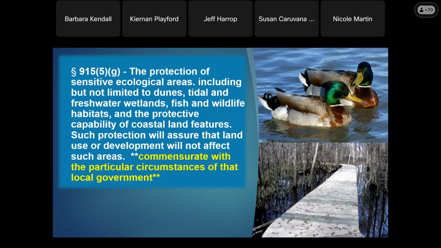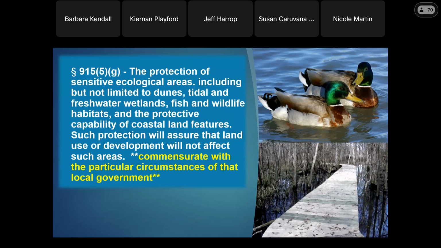So in this section of the legislation, it states that the LWRP should discuss sensitive ecological areas in the waterfront, which includes dunes, wetlands, fish and wildlife habitat, and the coastal land features that protect these areas. The LWRP should ensure that land use and development pressure won't affect these important natural resources.